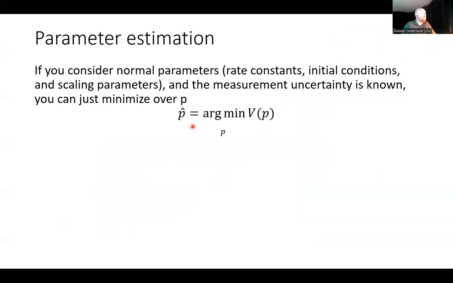Let's now look at how we formulate the actual optimization problem. So let's look first at just estimating normal parameters, the type of parameters that we have encountered so far. So the rate constants and the volumes and the conductances or compliances and inductances and sort of all of the constants that you have in the model.